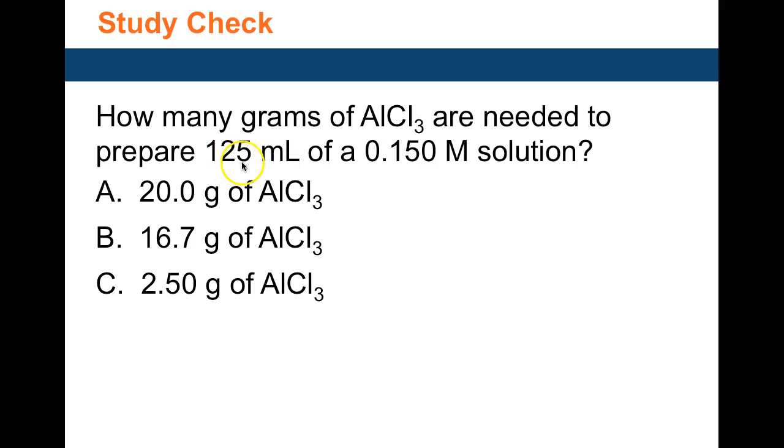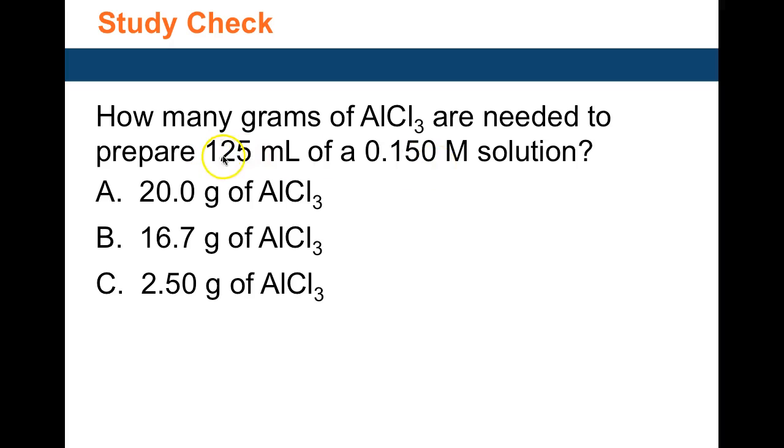So that's just move the decimal point 3 places to the left. It would be 0.125 liters, and then multiply by the molarity because it's 0.150 moles per liter.